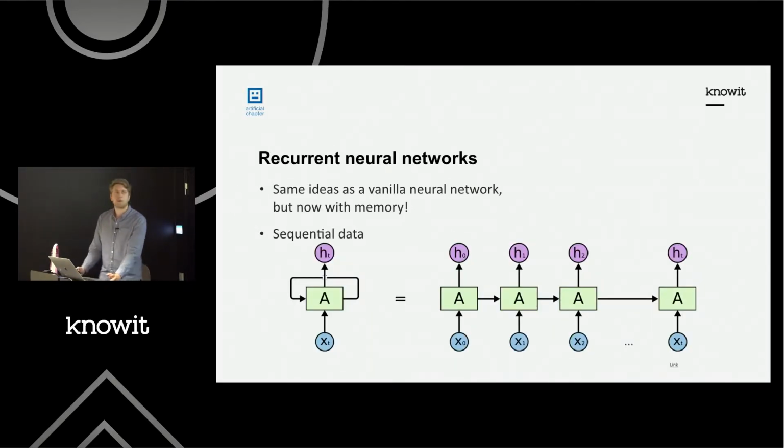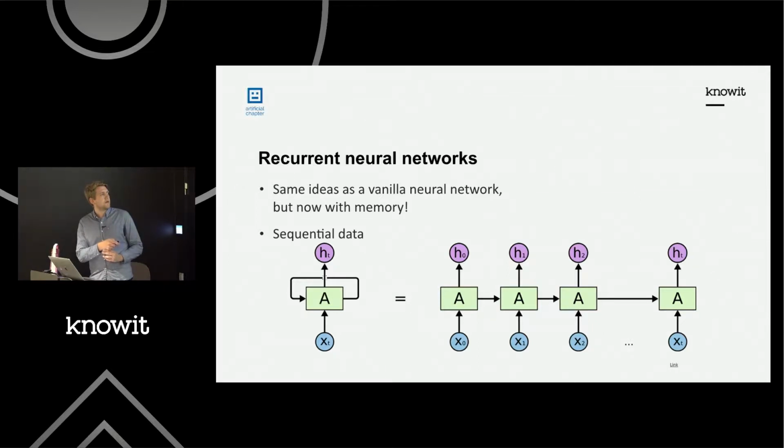And I used convolutional neural networks in my thesis, and recurrent neural networks, which I'm going to talk about now. With recurrent neural networks, you have the same ideas as a vanilla neural network, but with some added memory. Instead of just taking input from the previous layer in the network, it also has a hidden state inside, so that for every time step you have two inputs into the neuron.